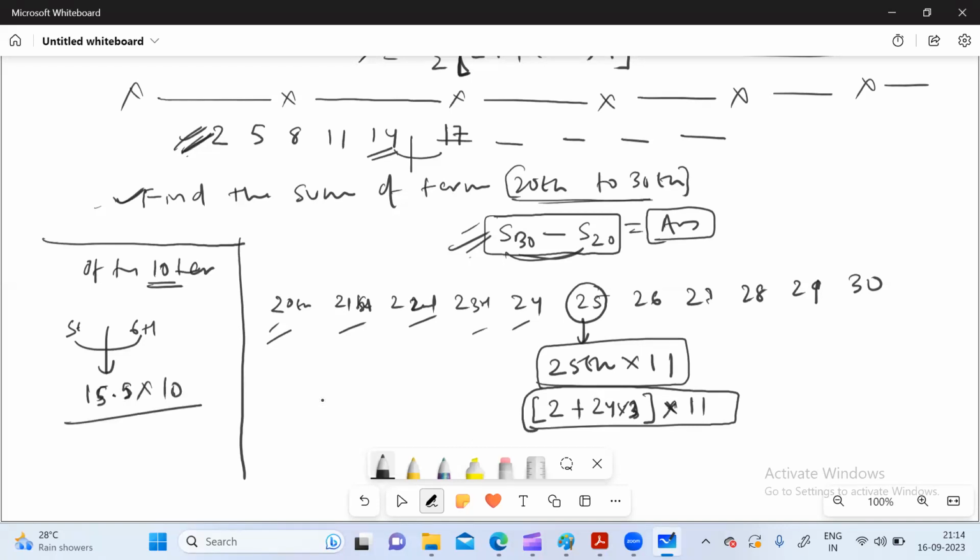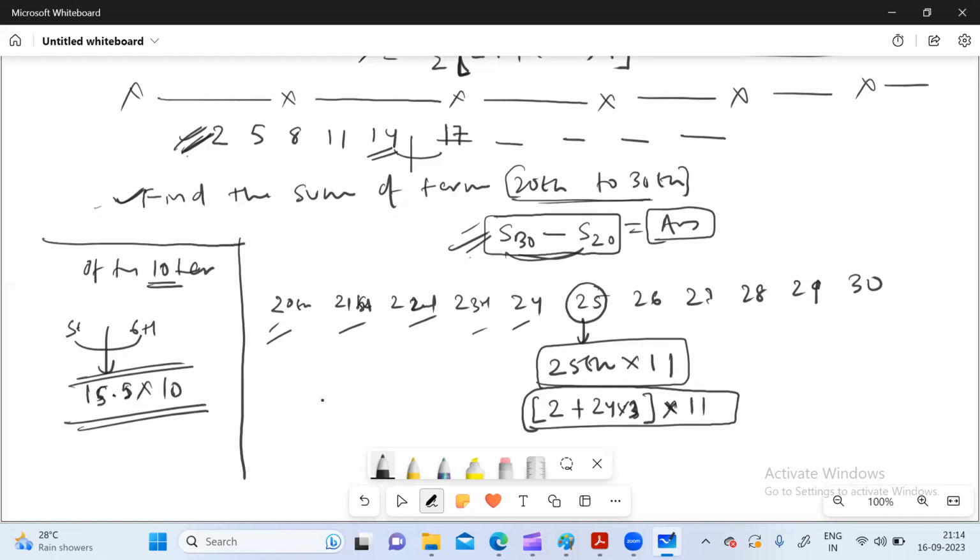So this is how I can calculate the sum of any part or bracket of terms, or find the sum of n number of terms. So these are the basic key skills that you can develop by experimenting with different series.